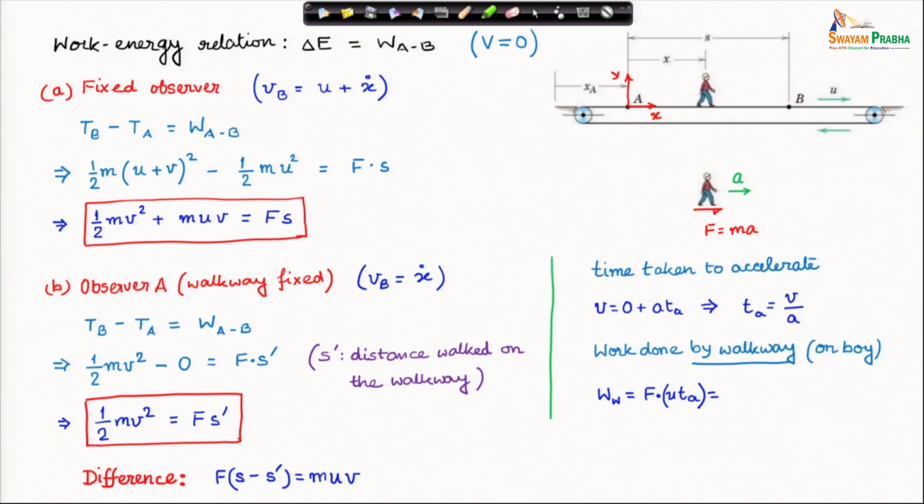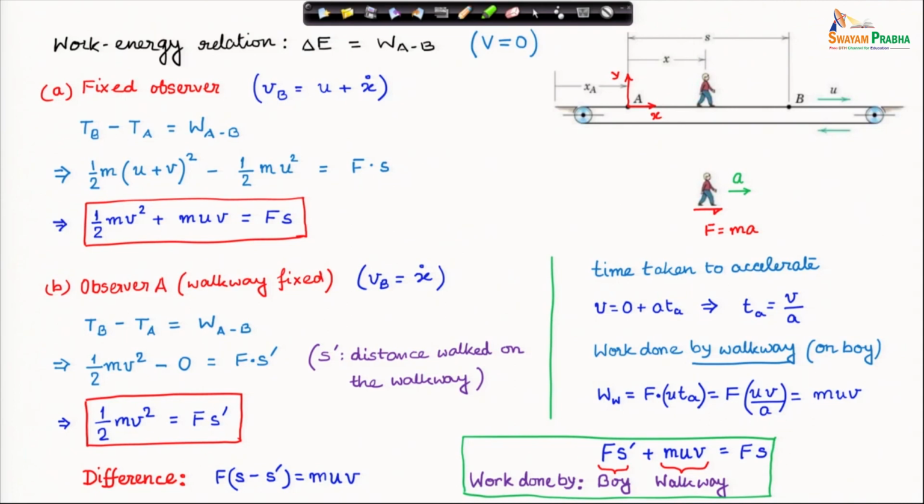Therefore, F times u times T A, velocity into time, is the distance covered by the walkway during the acceleration time, and the force acting is constant. u times time of acceleration is v by a. Therefore, this is m u v. This is the work done by the walkway on the boy.